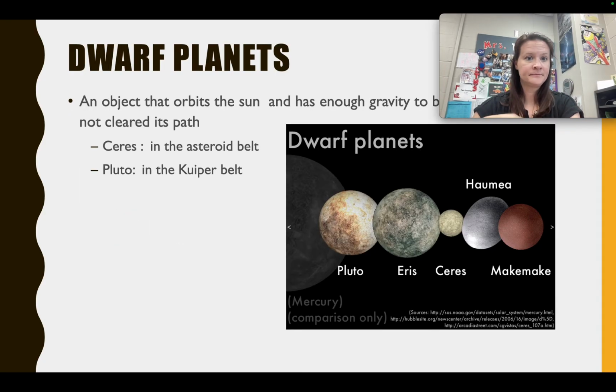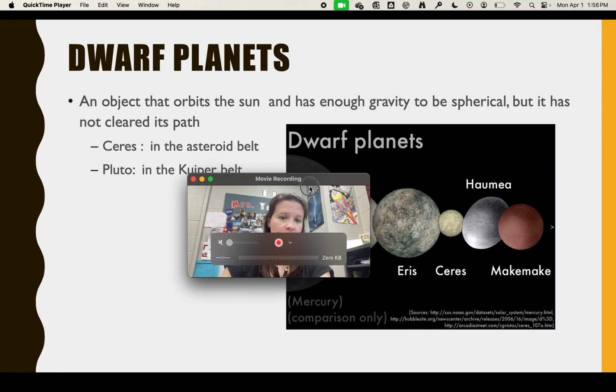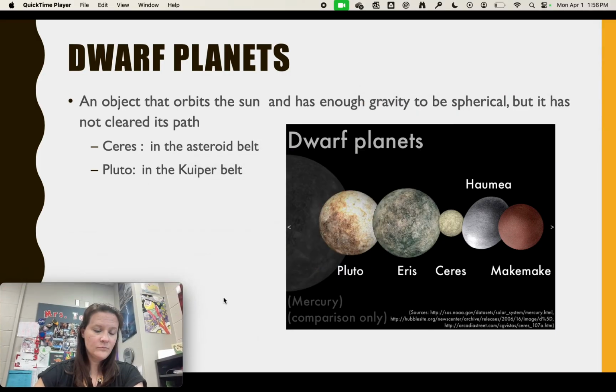Okay, next. Dwarf planets. Speaking of Pluto. So, a dwarf planet is a relatively newer family that was categorized due to Pluto being kicked out of the solar system.